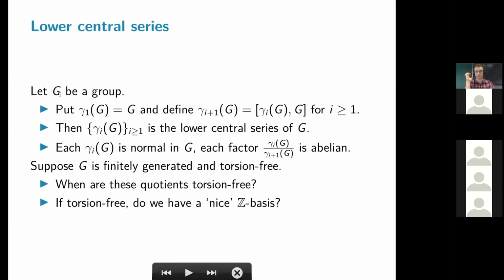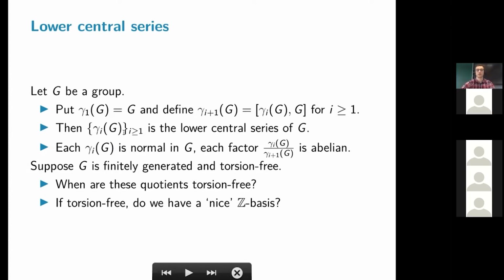Given a group G, we define the lower central series as follows. The first term is simply the group itself, G. And then the next term is the commutator of the ith term with G itself. So for instance, the second element in this series is just the commutator subgroup, and then you repeat this process.